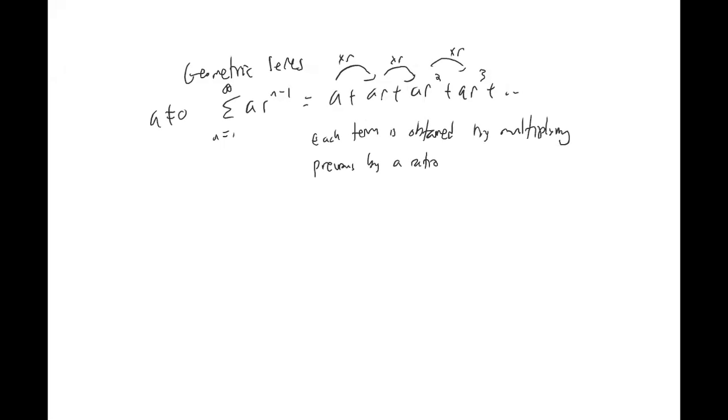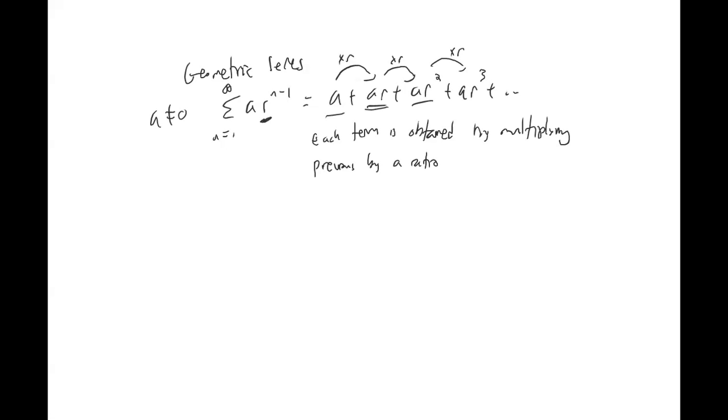So there's a common ratio, because if you divide ar by a, you get r, and divide ar squared by ar, you get r. The r here is for the word ratio, if you like.